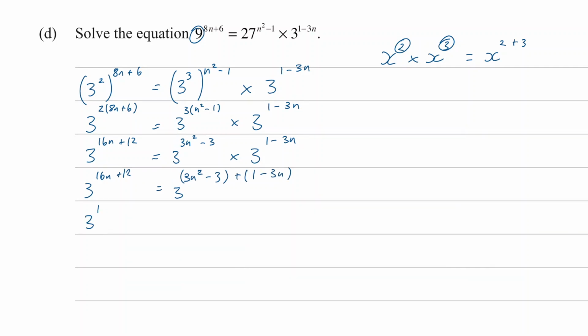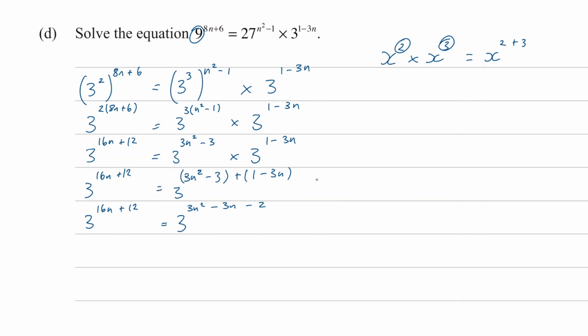Now we can simplify that a little bit further. Right, we have 3n squared, we have a minus 3n, we have the minus 3 plus 1, that becomes minus 2. Right, so I just grouped the like terms in this one. Alright, now, awesome, so we're here. We have the same base.